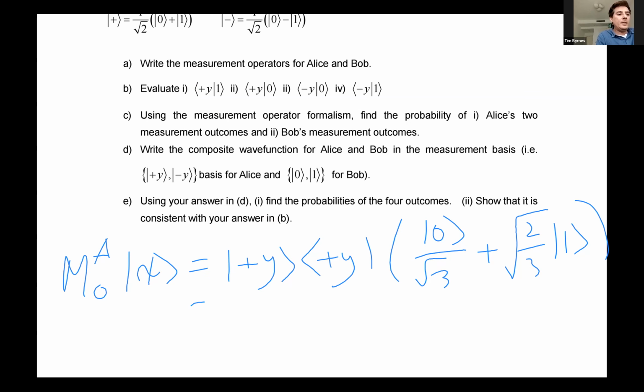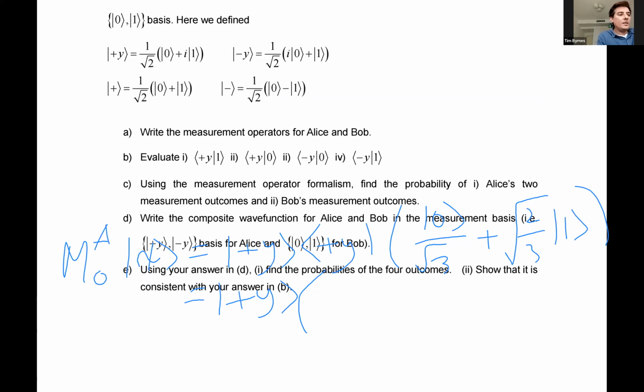So basically, you can just use those results. So this one, I've already forgotten what this one was. What was this one? Plus Y and 0. Sorry, what was that? So it should be minus i over root 2, right?